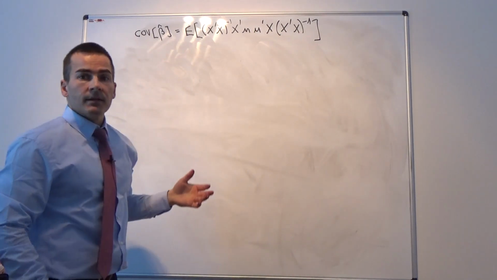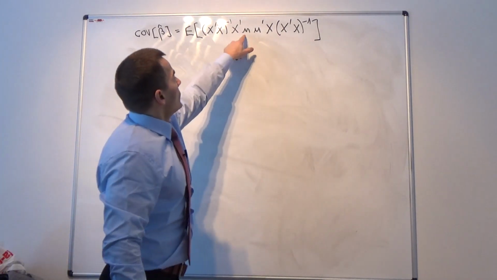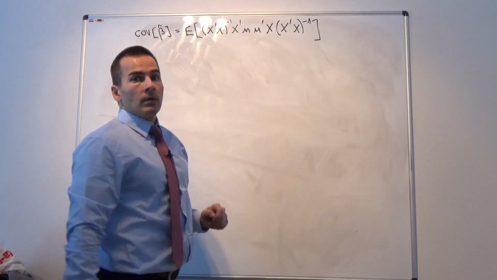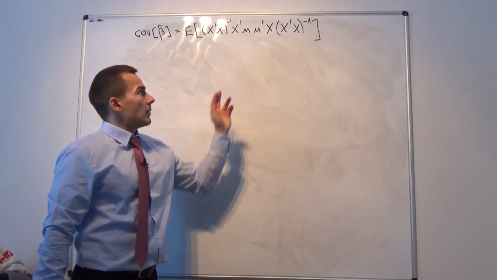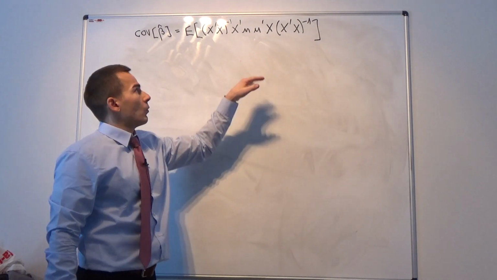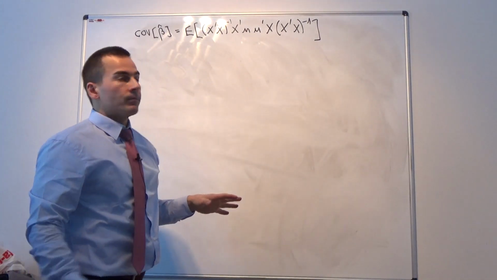So what's the random part here again? The random part is here in the middle, so it's the u times u transposed. u is a T by 1 vector times itself transposed. So what we have here in the middle is a T by T matrix, right?